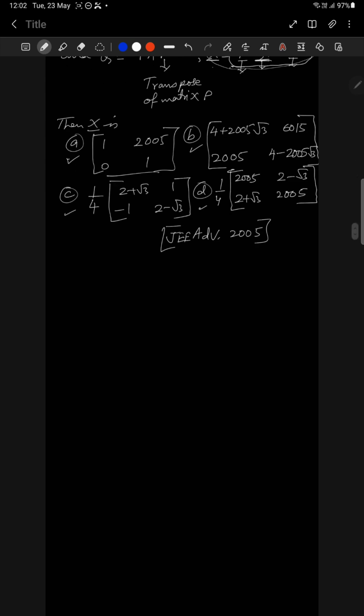As we have to find the value of X, we start with X itself.